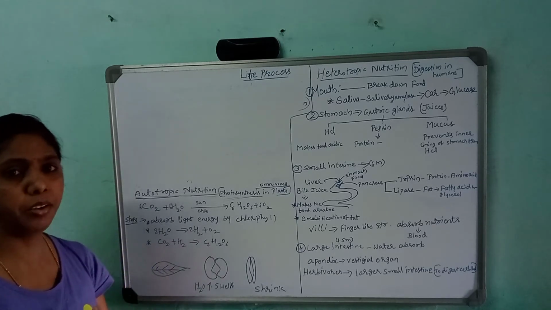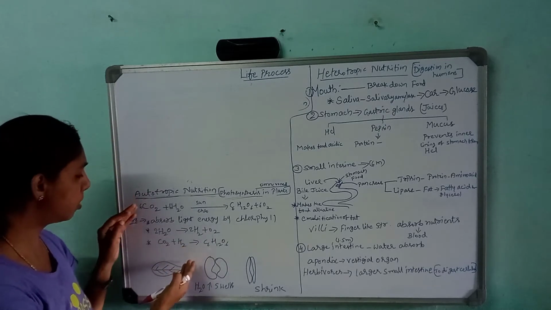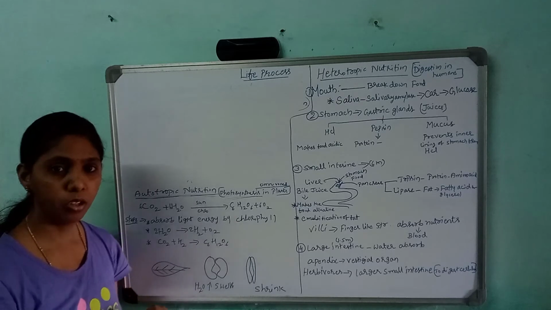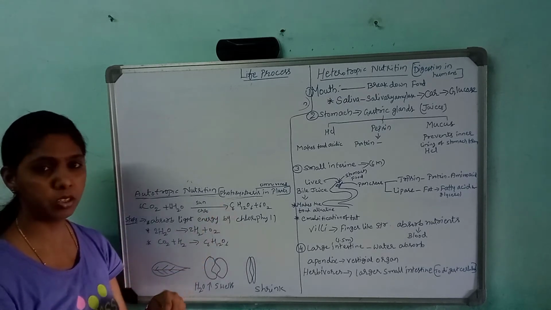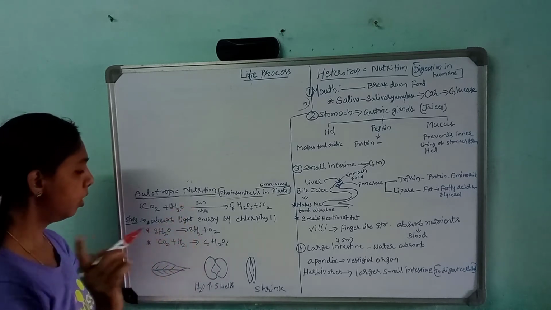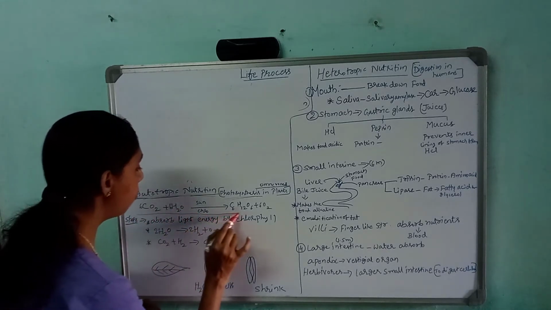What are the ingredients required for the plants to prepare food? Here I have given the steps also. In the textbook also they have given the steps of photosynthesis. This is the reaction of photosynthesis.